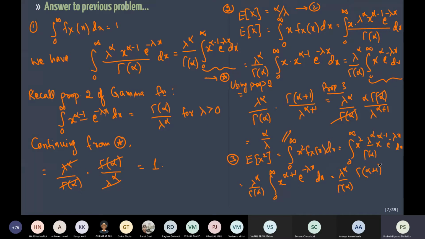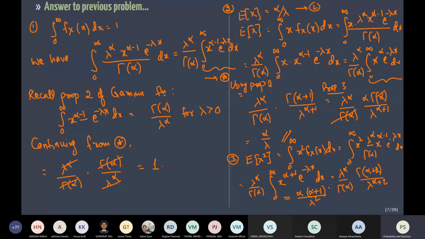Since alpha plus 1 is already there, it's gamma alpha plus 2 by lambda alpha plus 2. Using the property that gamma alpha plus 2 is alpha plus 1 times gamma alpha plus 1, and after all the cancellations, what we get is alpha plus 1 by lambda squared.